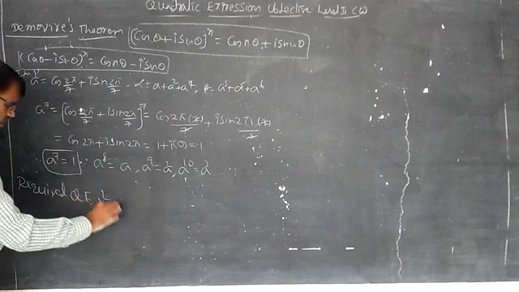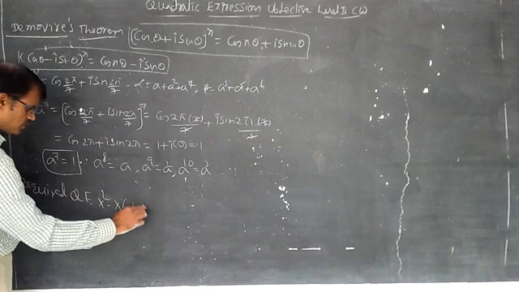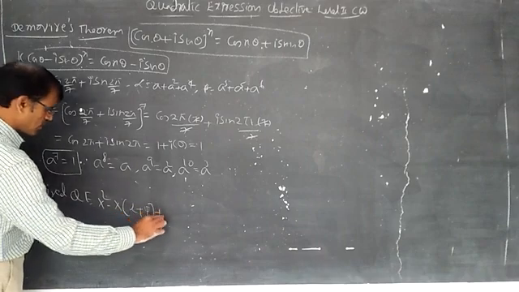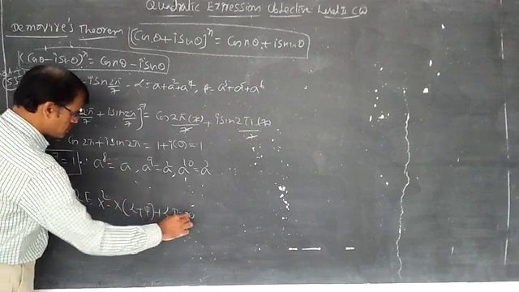That's all. Now the required quadratic equation. We know that x square minus x into (alpha plus beta) plus alpha beta is equal to 0.